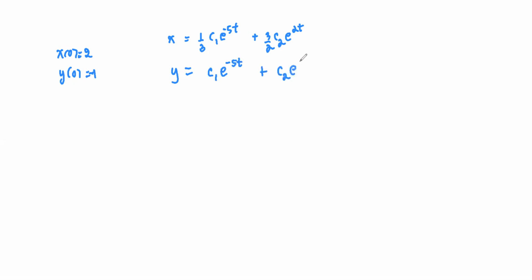From x(0) equals 2 and y(0) equals negative 1, and we have x in terms of t as 1/3 c1 e to the negative 5t plus 3/2 c2 e to the 2t, and y as c1 e to the negative 5t plus c2 e to the 2t.